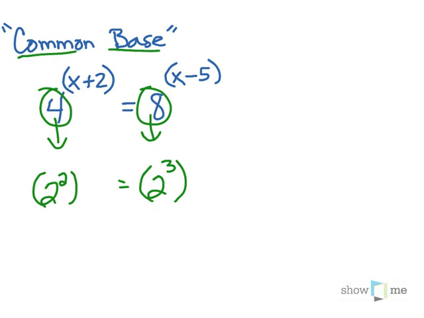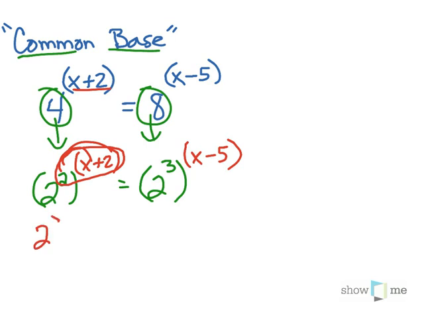Now, I still have to write the exponents. That doesn't go away. So x plus 2 and x minus 5. And what I'm going to do at this point is use my knowledge of exponent properties to multiply those together. And in this case, I'm going to have to distribute because there's more than one term up here in the exponent.